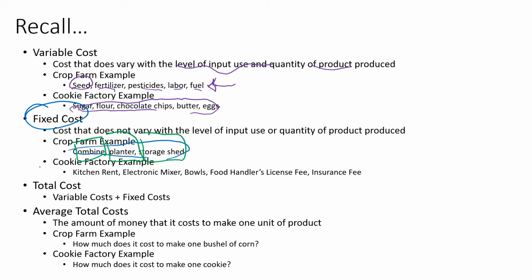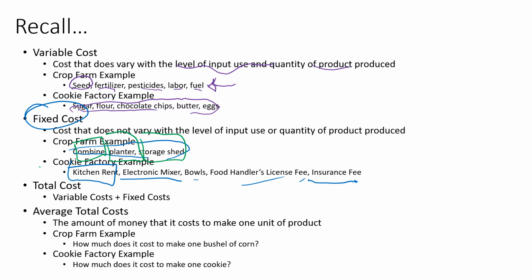With the cookie factory example, whether we are making 500 cookies or 1,000 cookies, we will pay the same in kitchen rent. We'll pay the same for our electric mixers, our bowls, our food handlers licensing fee, and our insurance fee. So it doesn't matter if we're making 500 or 1,000 or 2,000 cookies, the costs that remain the same across the board are fixed costs.